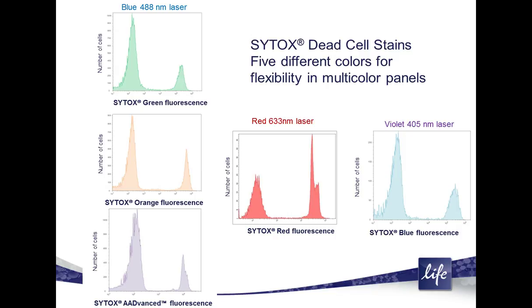Our Cytox series of DNA impermeant dead cell stains are available in 5 colors using 3 different lasers. And the Cytox Orange, as I stated earlier, works well with the yellow-green laser lines as well as the 488. And there are choices for the red laser and for the violet laser as well.